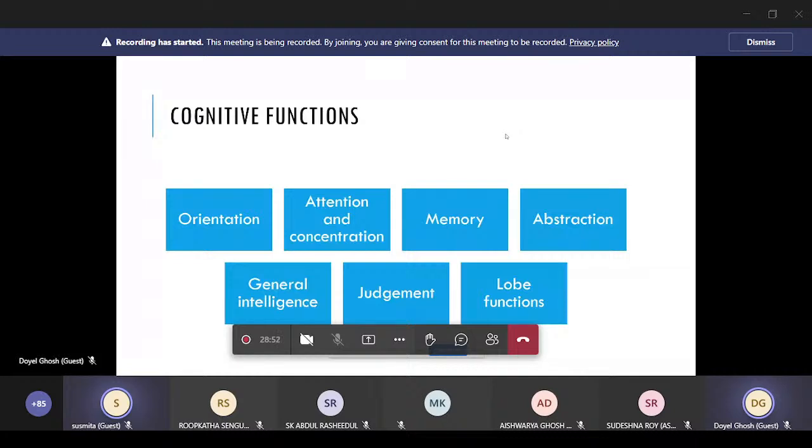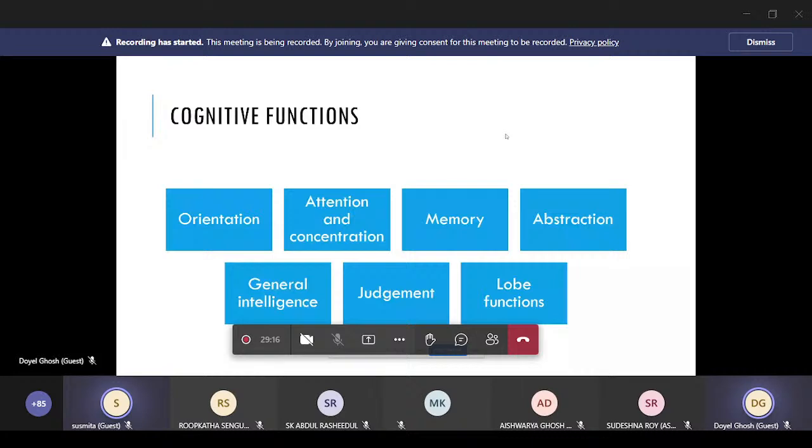We ask what is the time, day, which year, which month. For place, where have you come, what is this place, how did you come here. And then who I am, you can see many people around you, who are they. If the person is oriented to time, place and person, that we need to assess first.